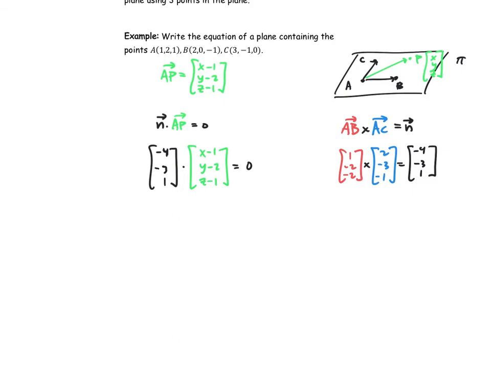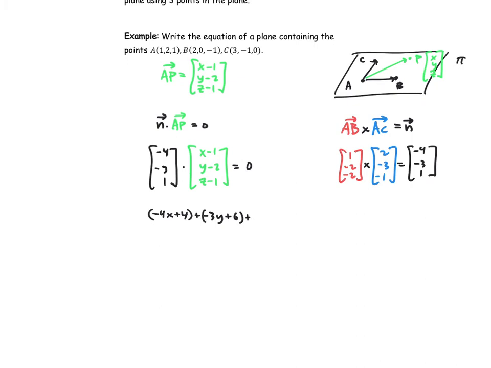Okay, so let's go ahead and execute on this. I get negative 4x minus 4, right? I just distribute negative 4 to x and to negative 1. And that should actually be a positive 4. Good, that's my first component. My second component will be negative 3 times y, and negative 3 times negative 2, which is a positive 6.